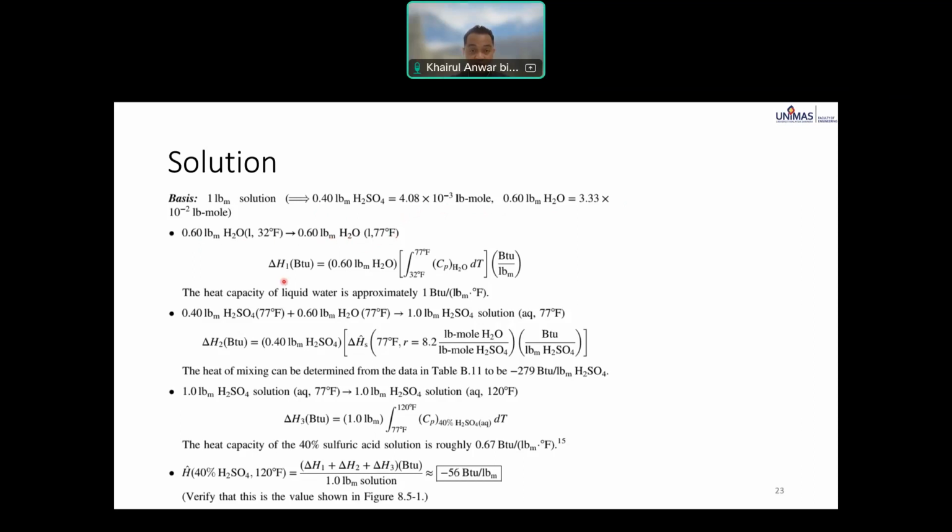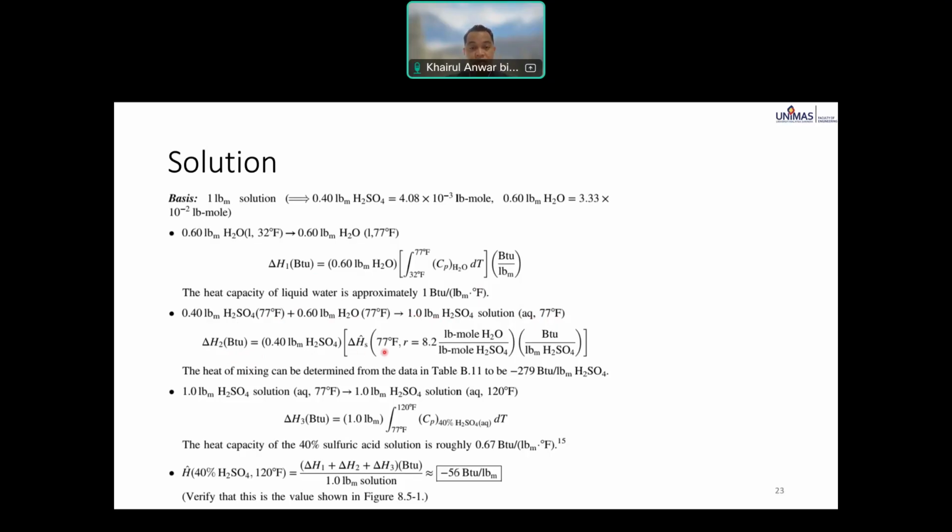That one we refer to as delta H1. The heat capacity of liquid water is approximately 1 BTU per pound mass degree Fahrenheit. Then 0.4 pound mole H2SO4 at 77 degrees plus 0.6 pound mole H2O at 77 degrees Fahrenheit gives 1 pound mole H2SO4 solution at 77 degrees Fahrenheit. This one we consider as delta H2.